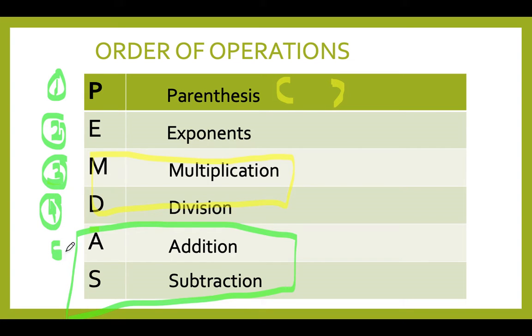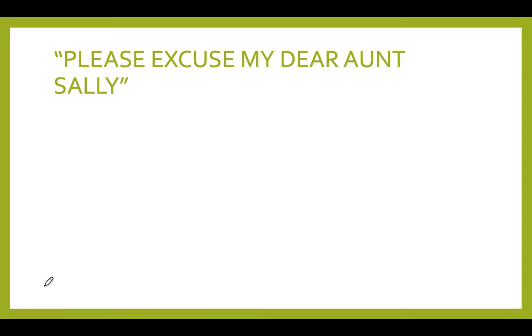Same thing with addition and subtraction. You don't have to do addition first or subtraction last. Whatever you see from left to right first is what you're going to use. I'll go over some examples for you in a bit when it comes to looking at both multiplication and division and addition and subtraction.